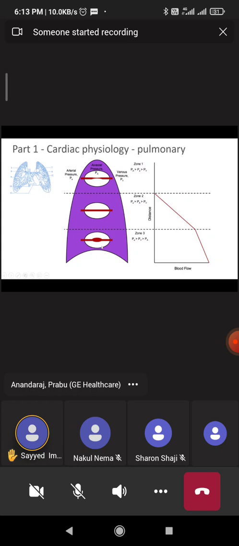When I apply a pressure, it's applied everywhere. Those alveoli which are able to take more pressure, that is the alveoli at the top, will be receiving a larger volume, and the basal, dependent area generally will be receiving less.